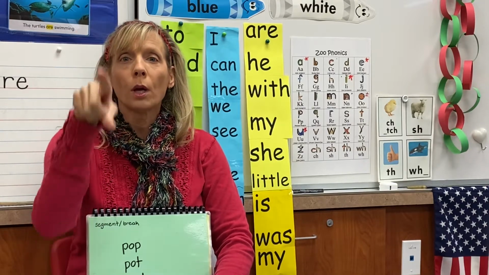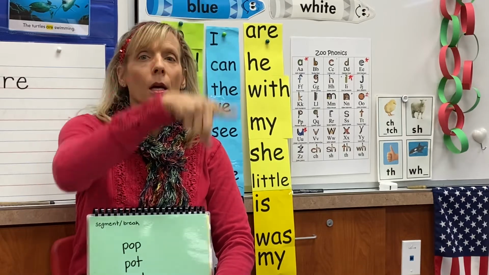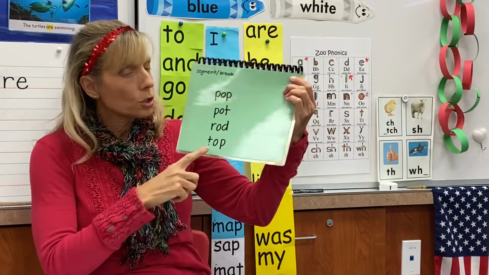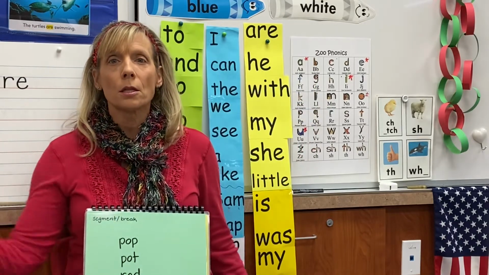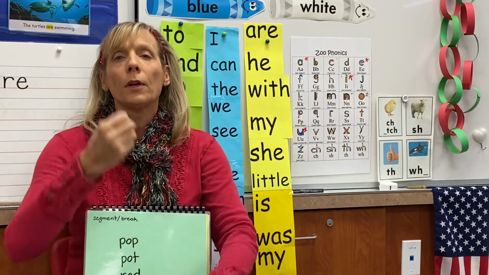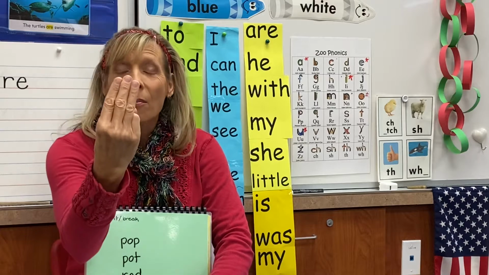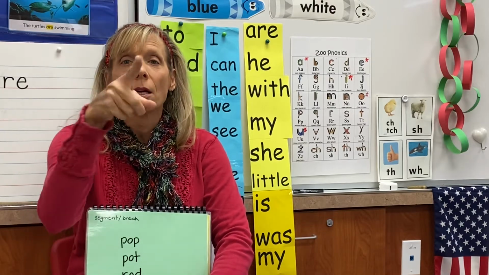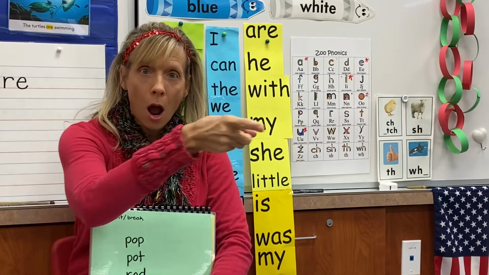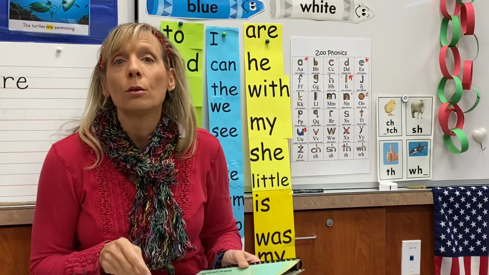Write it. R, ah, d. Rod. Top. Break it. T, ah, p. Top. Fingers. T, ah, p. Top. Write it. T, ah, p. Top. Very good, friends. If you can break it, you can write it.